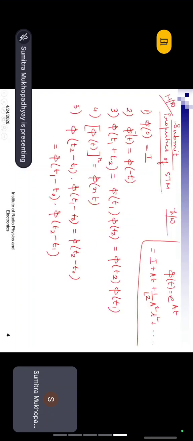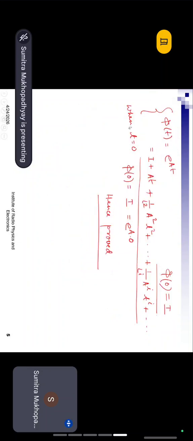Please write down the problem. Question number 2. Question number 1 is, you have to prove the properties of the state transition matrix.